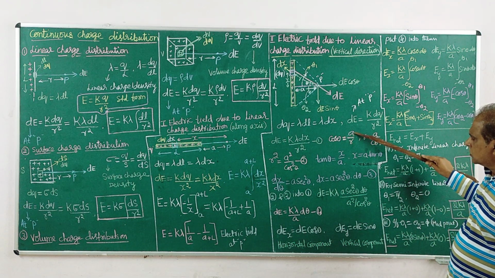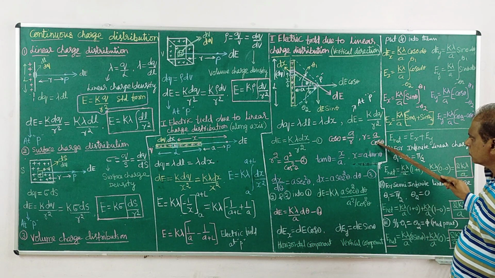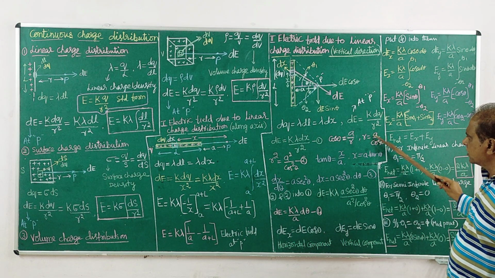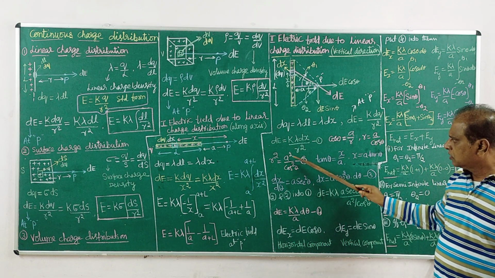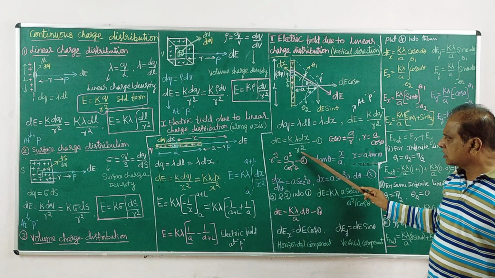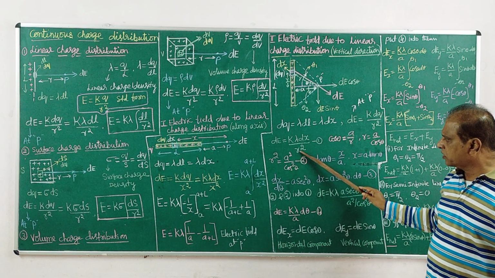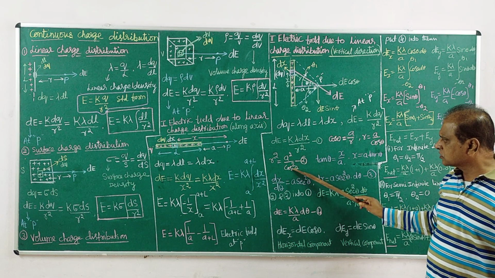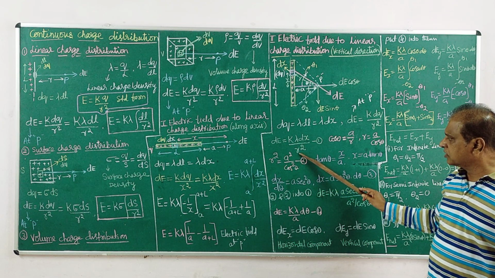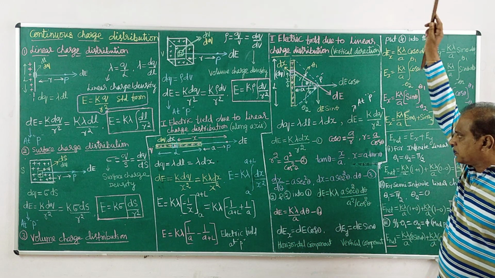That is, cos theta equals a by r, so r equals a by cos theta. Then r square is a square by cos square theta. Look at this equation: r can be represented in terms of theta, r square as a square by cos square theta. Length is thus specified in the form of theta.